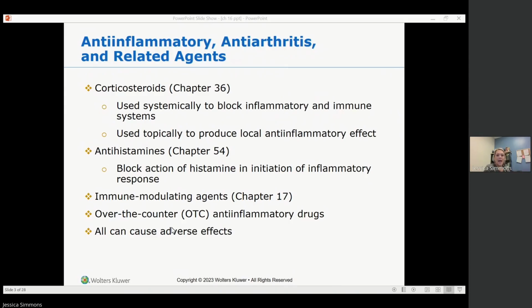Antihistamines block the action of histamine in initiation of the inflammatory response. We have immune modulating agents, over-the-counter anti-inflammatories, which are going to be like your NSAIDs, and then all can cause adverse effects.